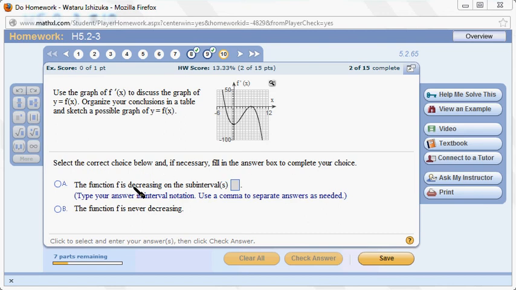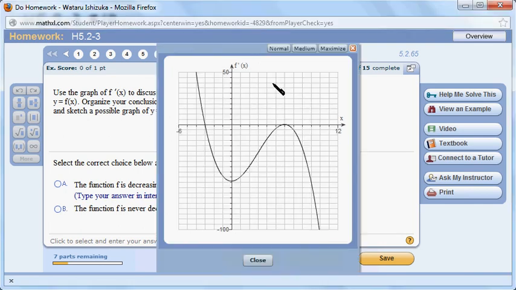Function f is decreasing, which means that the derivative has to be negative, right? So derivative is negative means it has to be below the x-axis. It's kind of hard to see, so I'm gonna make it bigger. You can see that it's below the axis starting from -3, all the way to positive infinity.